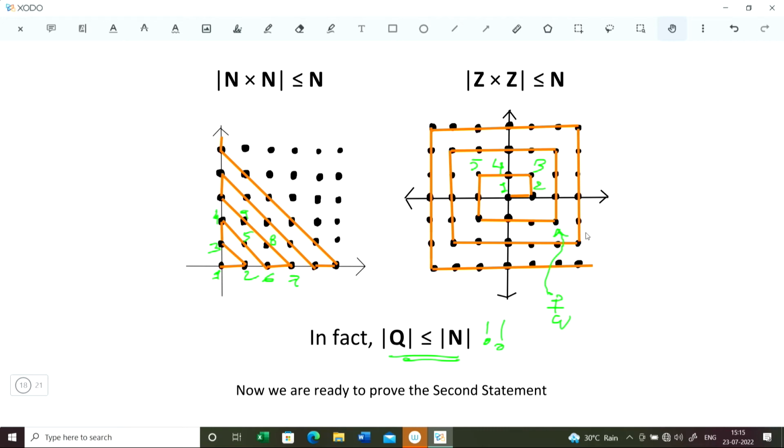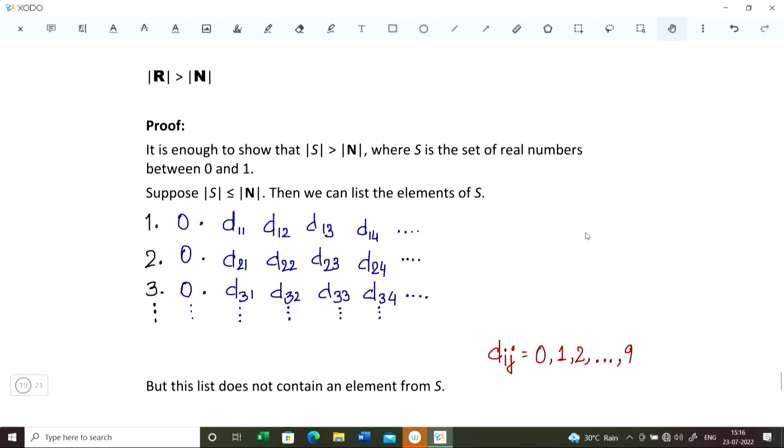Now, let's go to the proof of the statement we were talking about, which was that the cardinality of the set of all real numbers is strictly greater than the cardinality of the set of all natural numbers. As I said, the proof has the same flavor as the proof that there are infinitely many primes.